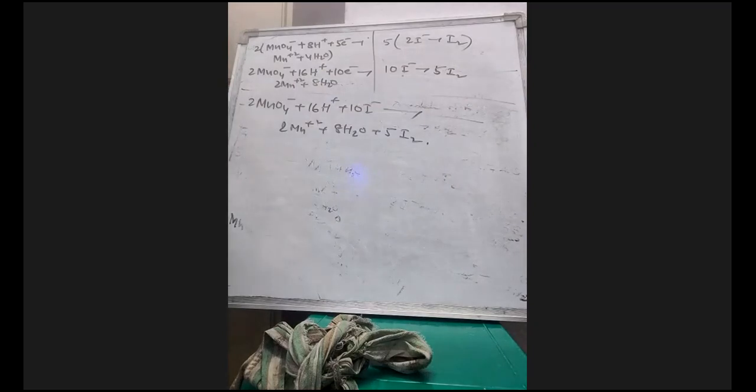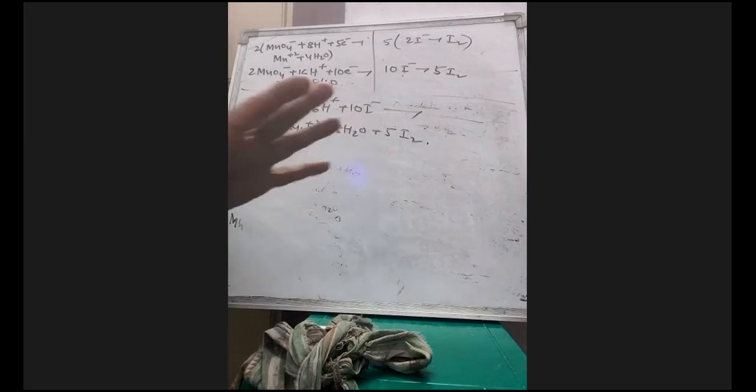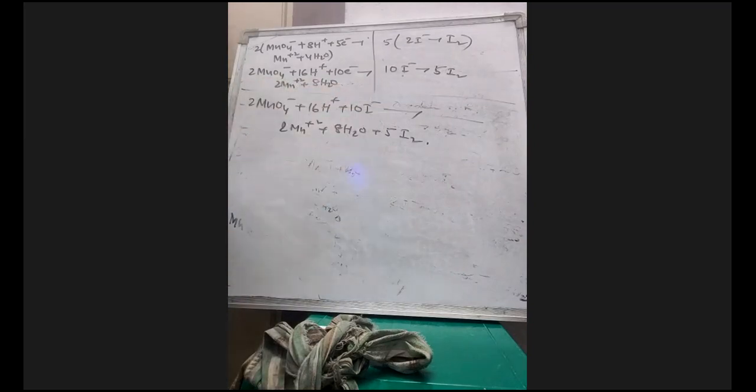So this is the way to balance the redox reaction by the ion electron method. Now you can check yourself whether it is balanced or not. It's a balanced redox reaction.